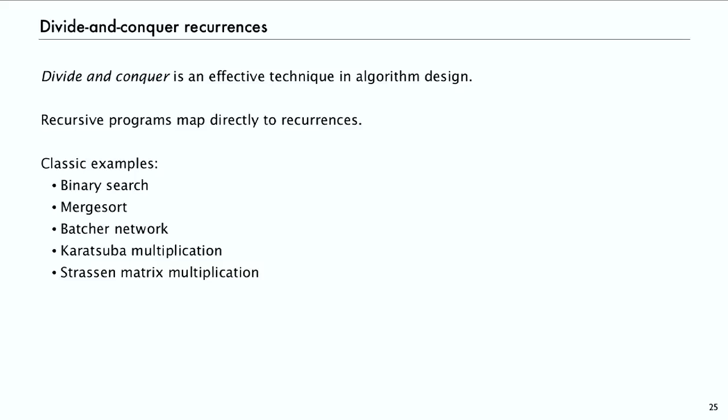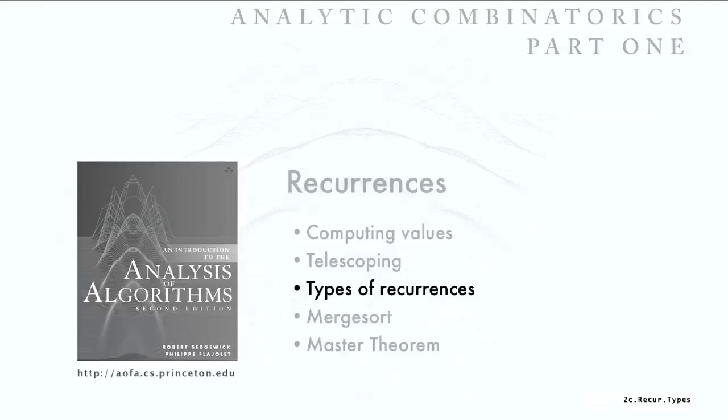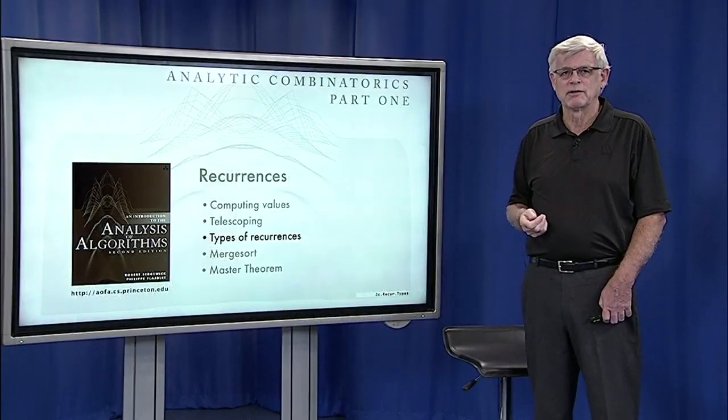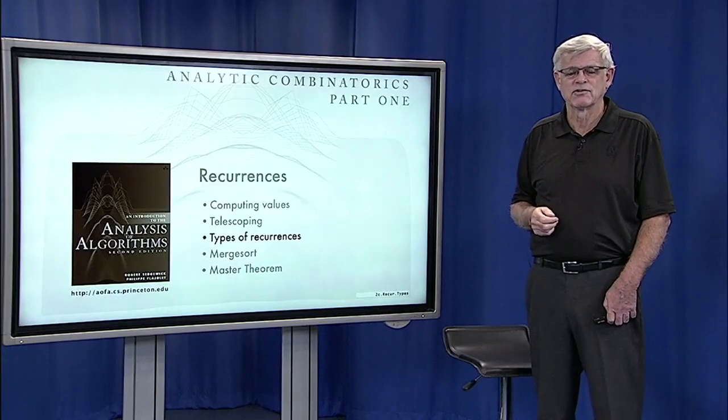That's something that's really brought to the table by computer algorithms. And we'll look at those in some detail later in this lecture. But that's generally the types of recurrences that come up in the analysis of algorithms.